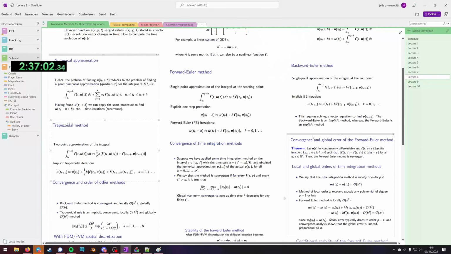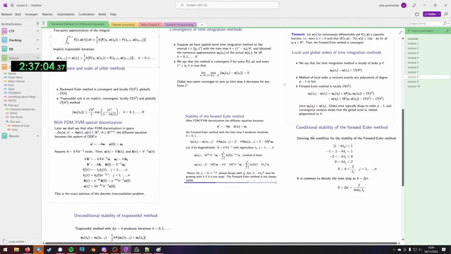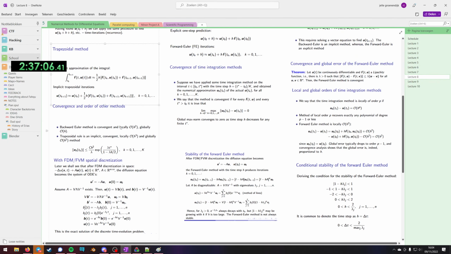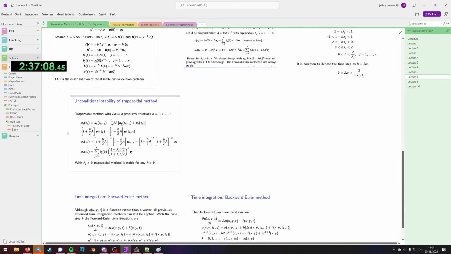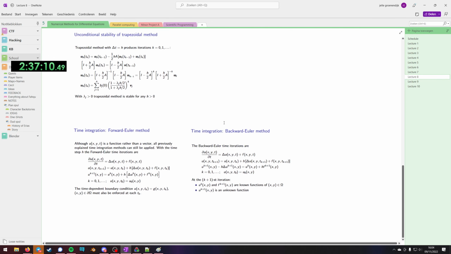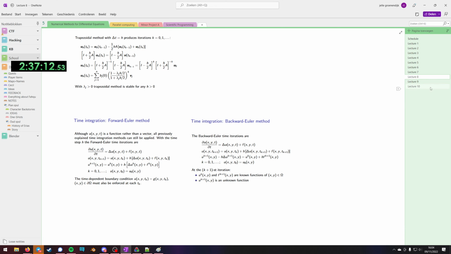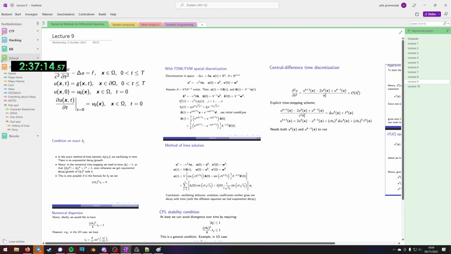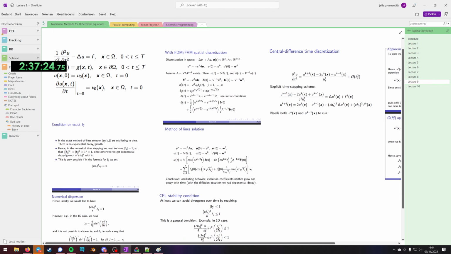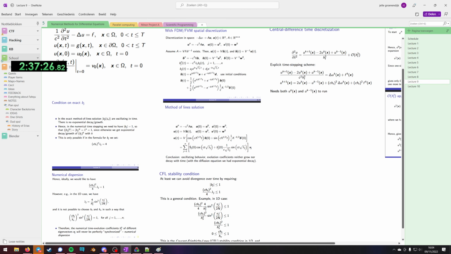Given that A is positive definite, then there exists a matrix V, lambda, V inverse. So this is like doing method of lines, where you take the square root of the matrix. Maybe they gave an example on the board, but I wasn't there.